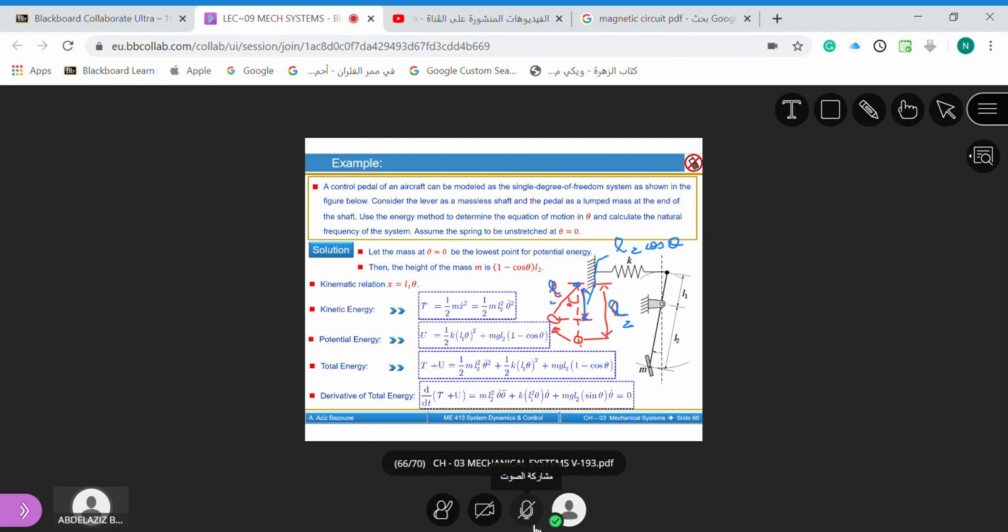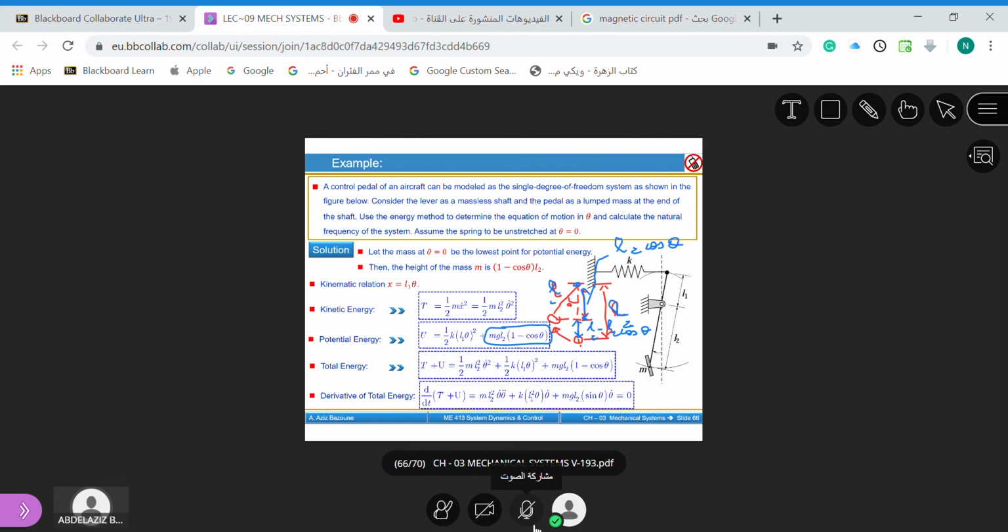And this is also L2. So now what I need only is this term, here, H. This H will be equal to L2 minus L2 cosine theta. That's why we are writing here. The potential energy will be mg times H. H is equal to L2 minus L2 cosine theta.